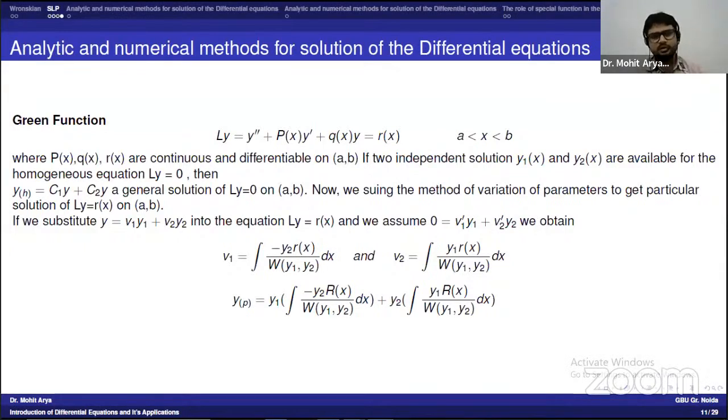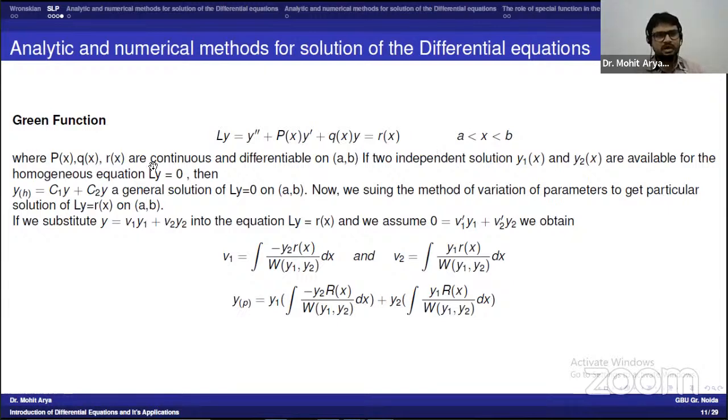So next we will talk about the Green function. Suppose we have a second order non-homogeneous differential equation, y double dash plus p(x)y dash plus q(x)y equals r(x), where x belongs to an open interval (a, b).